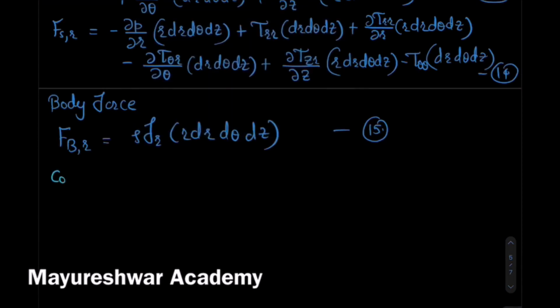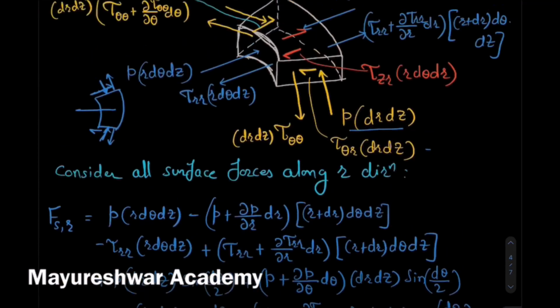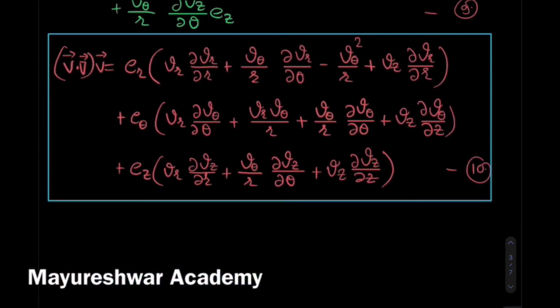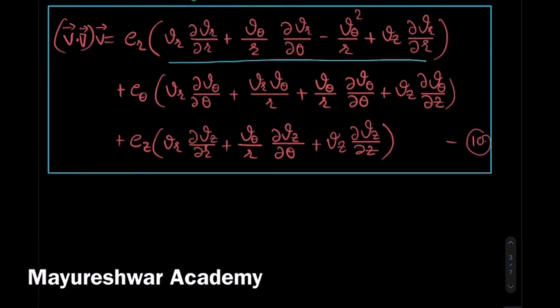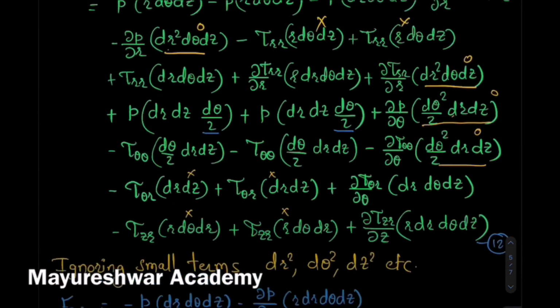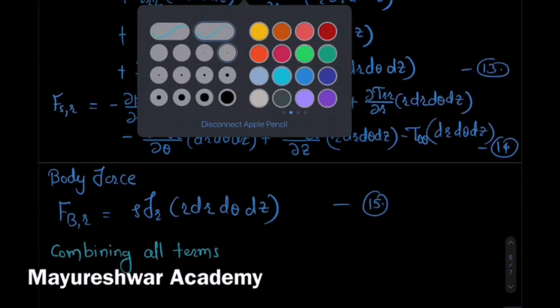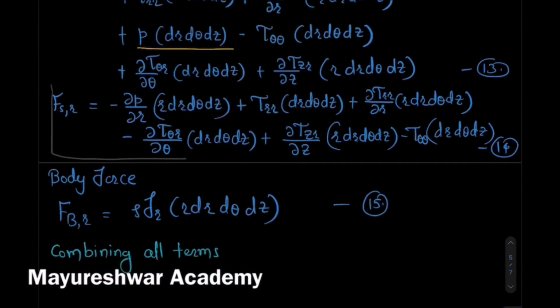So let us combine now all the equations which we have derived. So combining all terms from equation, let us say 10, this equation we need for the convective derivative. So along r direction only we are going to consider the component.